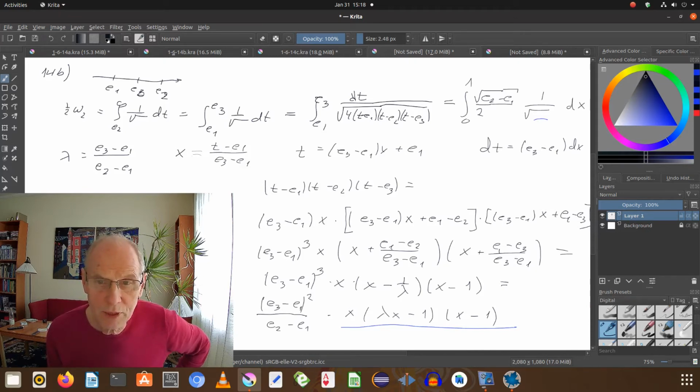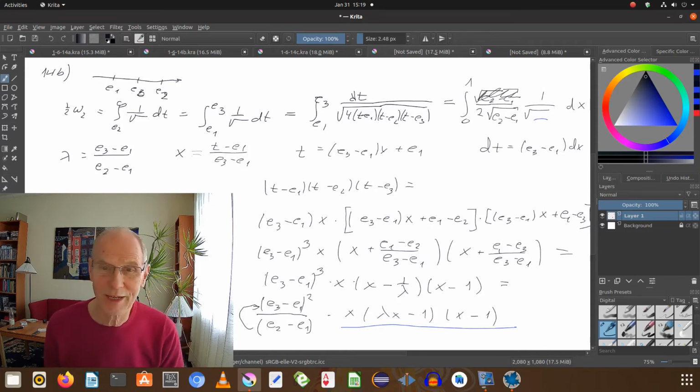So we multiply by lambda, thus we divide by lambda. Thus this one is diminished, and this one should be in the numerator. And therefore this one should be down here. All right, we are almost there. Just a factor 2.